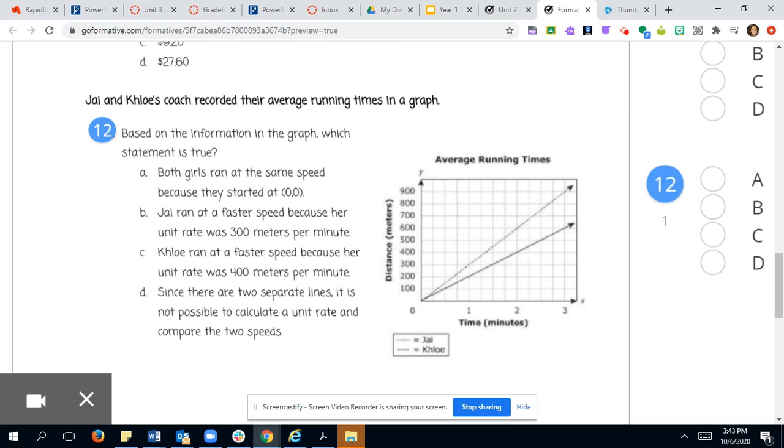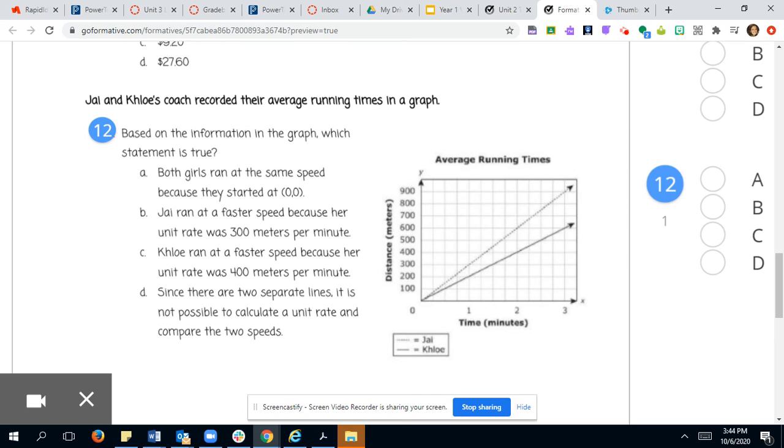Number 12. Jai and Chloe's coach recorded their average running times in a graph. Based on the information in the graph, which statement is true? A, both girls ran at the same speed because they started at 0, 0.